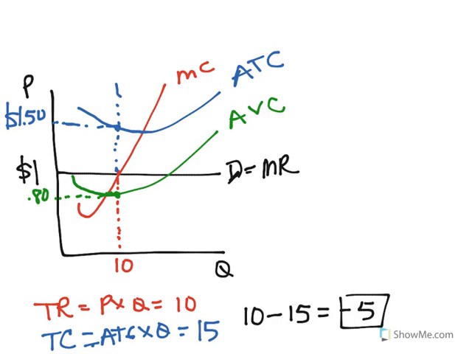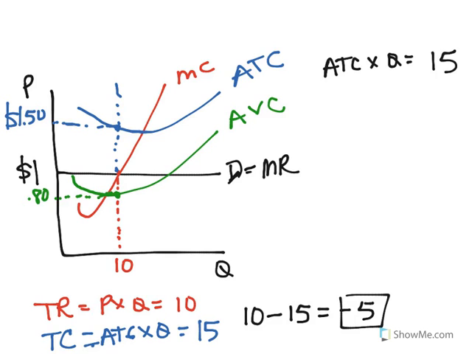So let's look and see what our loss would be if we decided to shut down. In other words, we know that our total cost was 15. We just figured that out down there. So total cost, again, was just average total cost times quantity of output, which was 15.